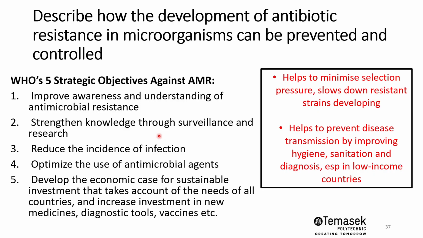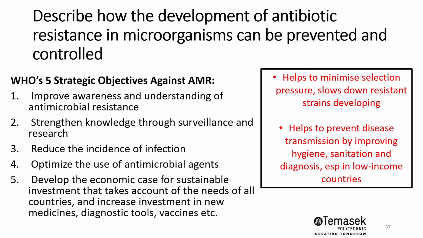So by preventing disease transmission, you negate the need for antimicrobials. All these can be done through improving hygiene and sanitation conditions, and making sure that low-income or underdeveloped countries have ready access to affordable diagnostic tools and medicine.